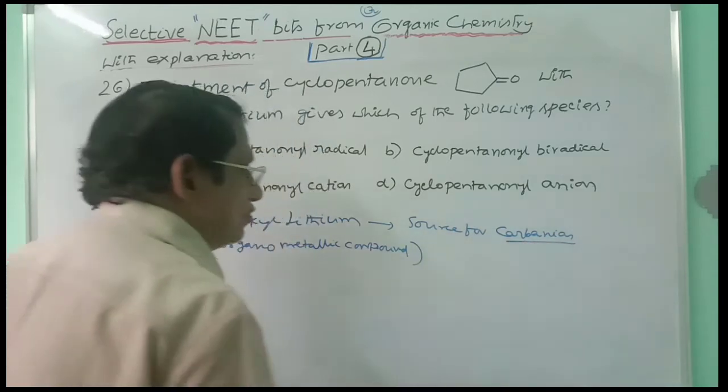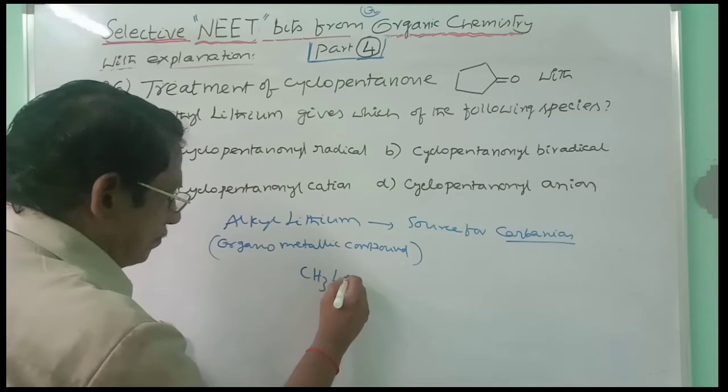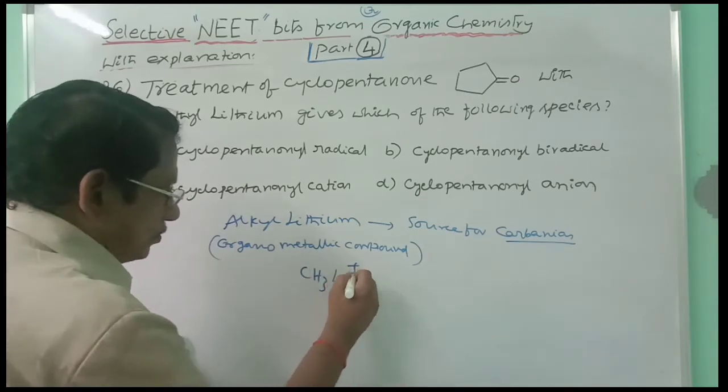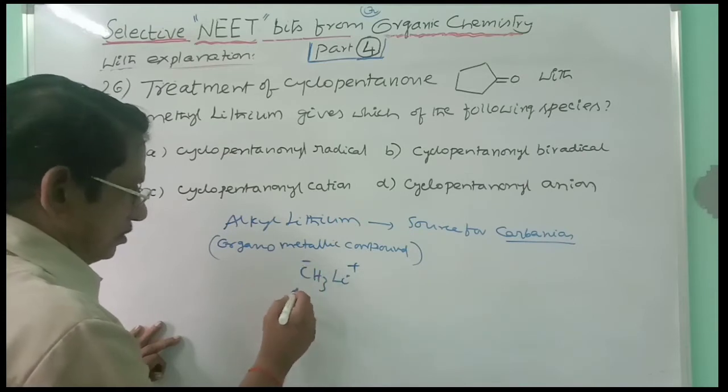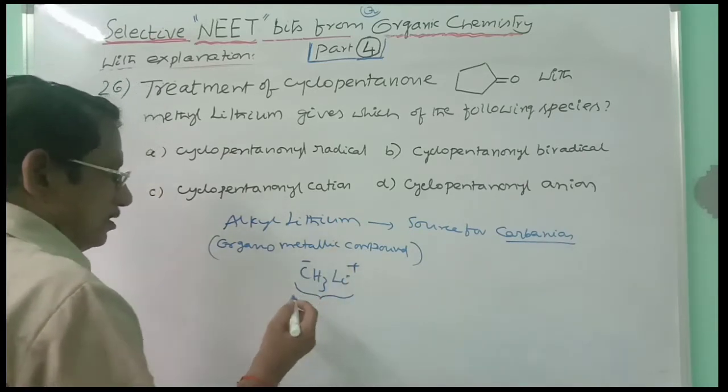Carbanion is a powerful nucleophile. You can take here CH3Li. Metal always takes positive charge, carbon takes negative charge. This is the methyl carbanion. So carbanion is a powerful nucleophile.